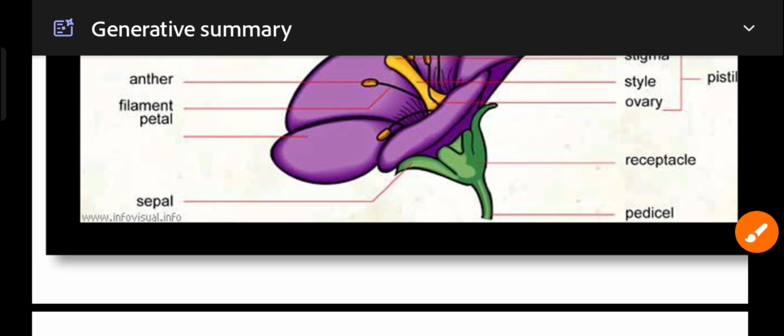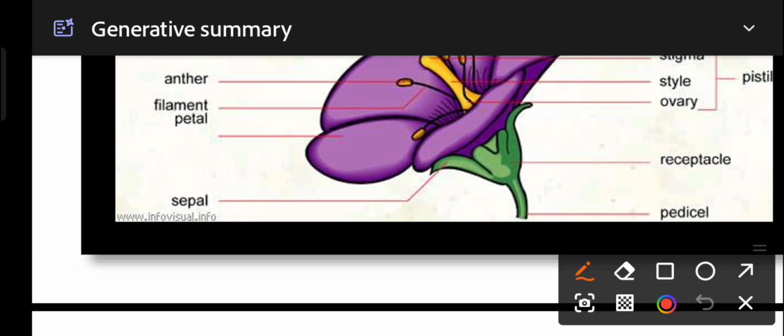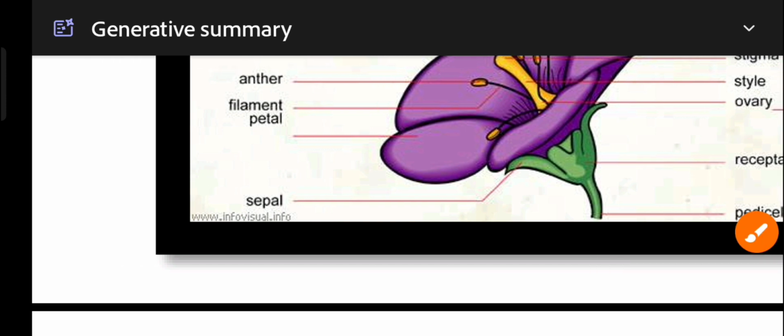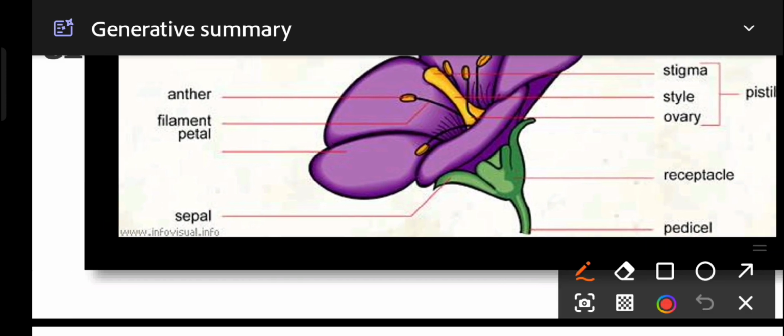Coming to the second main subdivided part, that is the receptacle. It is also known as the thalamus. See, this receptacle is somewhat swollen. It is the somewhat swollen upper part of the pedicel, or flower stalk.